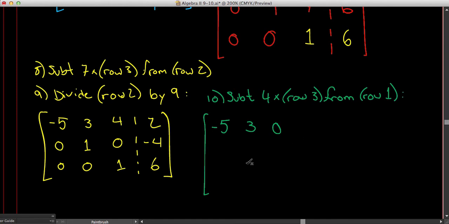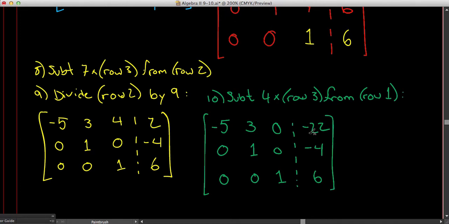And then 4 times row 3, which is 24, from row 1 is going to give us -22. Okay? And then we're left with 0, 1, 0, -4. And 0, 0, 1, 6.